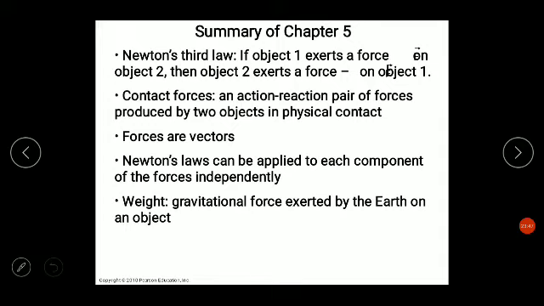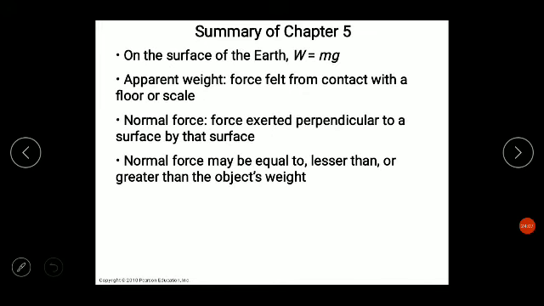Then the nature of force, which is vectors in nature. That is why it's very important for us to have the free body diagram, and of course decomposition of forces if that is in two-dimensional. Then weight, which is a gravitational force. You have there the acceleration, the normal force, and the rest.